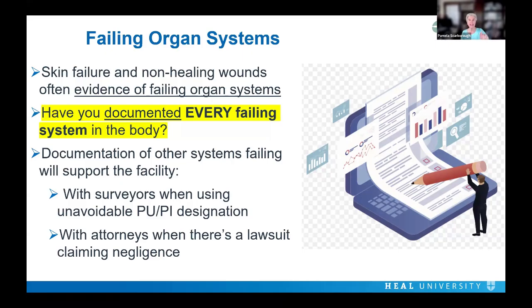Do you have the ICD-10 codes from your primary care physicians, from your endocrinologist, your cardiologist, your infectious disease people? Do you have all the ICD-10 codes captured that can cause this person to have the syndrome of skin failure or non-healing wounds? Even non-healing wounds. It's an organ thing that's happening. We have to get beyond the skin and get to the organs to figure out how we're going to pull all of this together. So we want to document the other systems that are failing.